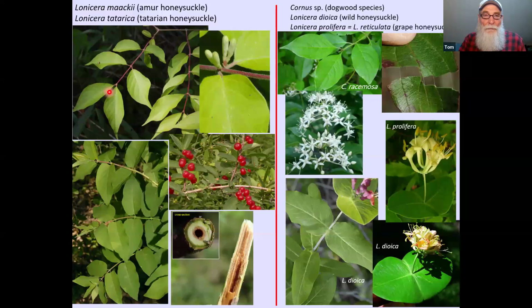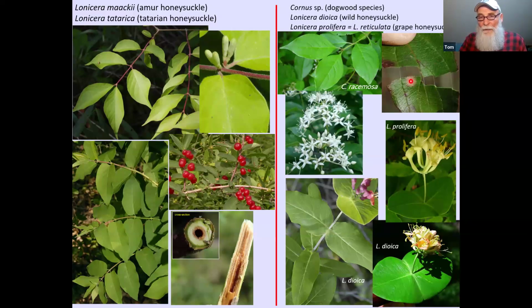These two leaves look pretty similar: same shape, opposite, and an acuminate tip to some extent here. The venation in the dogwoods is going to be maybe a little bit more arcuate. We talked about this in the shrub webinar. The veins come out and kind of curve and follow the margin of the leaf somewhat. And you can usually see that best looking at the bottom of the leaf.